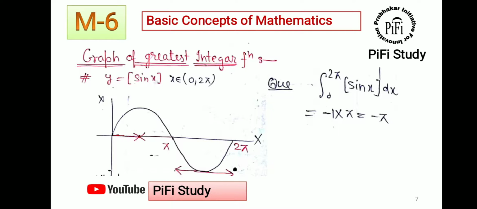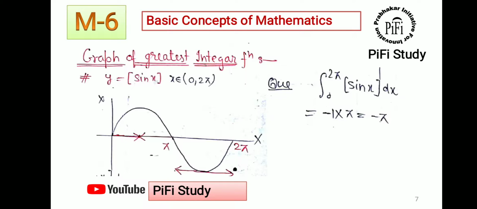But in the second case, if the value is approaching 0 from the negative side, like I have taught you, if you have to calculate the greatest integer value of minus 5, how will you calculate? Minus 5 minus 1, then it is minus 6.